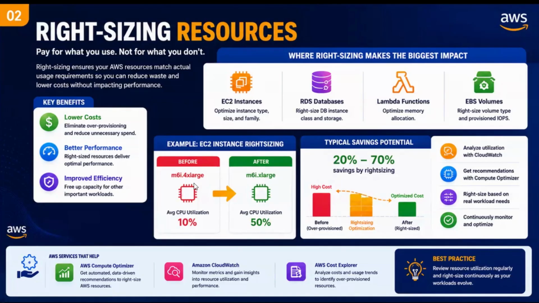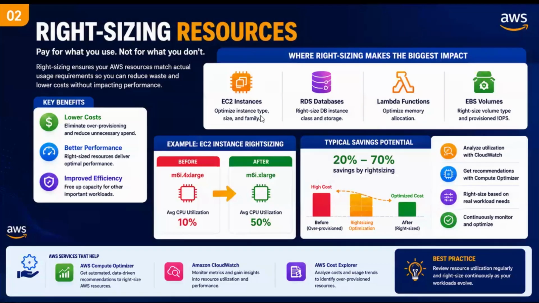With this biggest EC2 instance, at only 10%, you burn the capacity and your spend is wasted investment. But with the right size, the right choice of EC2 instance, you get 50% usage of the instance for your workload.